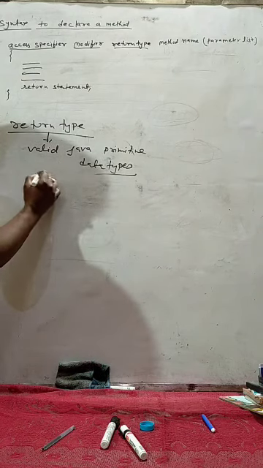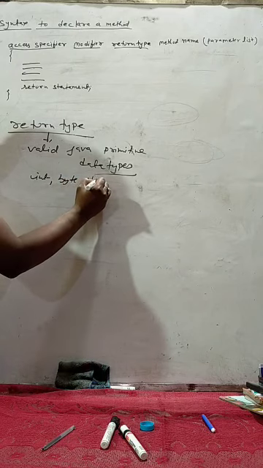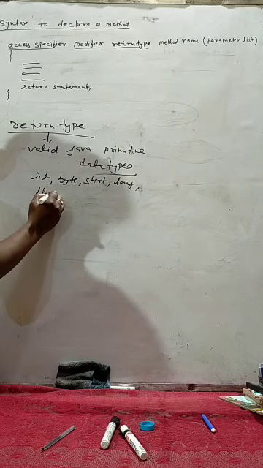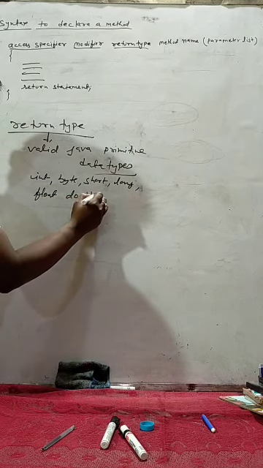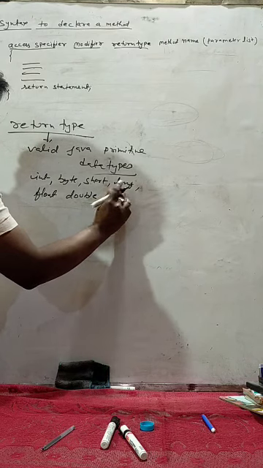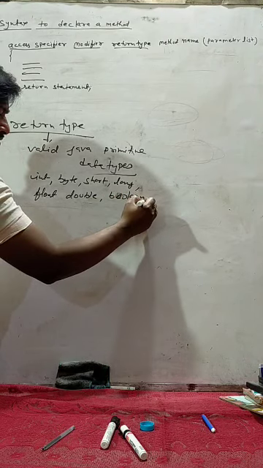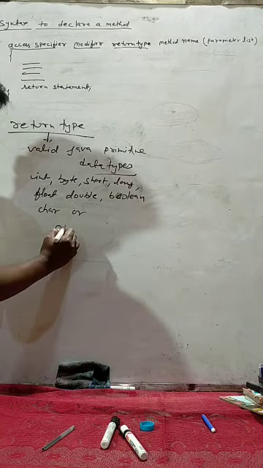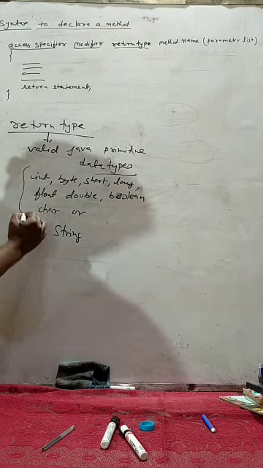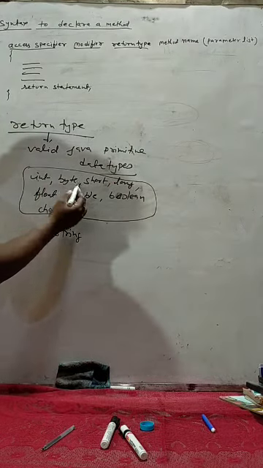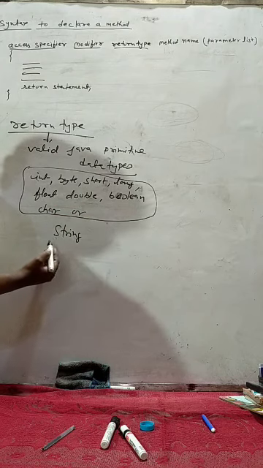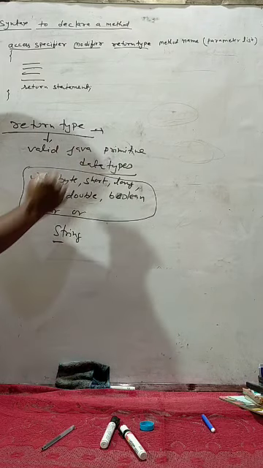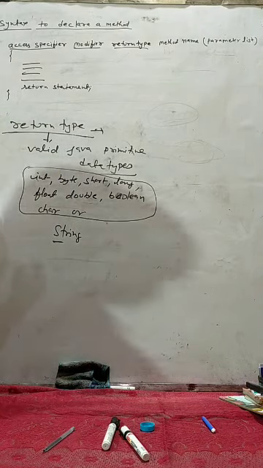It may be int, byte, short, long, float, double, boolean, char, or string type. Return type indicates the type of value that a function returns as a result.